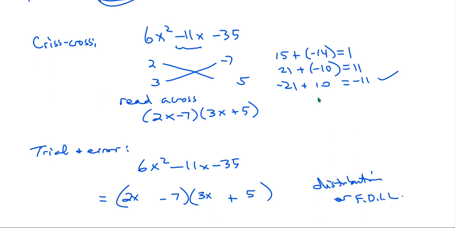So what are some advantages to these methods and some advantages to decomposition? Is that if your times tables, your mental math with the multiplication facts, if that's not super fast, you might have trouble with crisscross because there might be many combinations of numbers to try. And you might be trying and erasing and trying and erasing and trying and erasing, which could be a little bit frustrating and also time consuming.